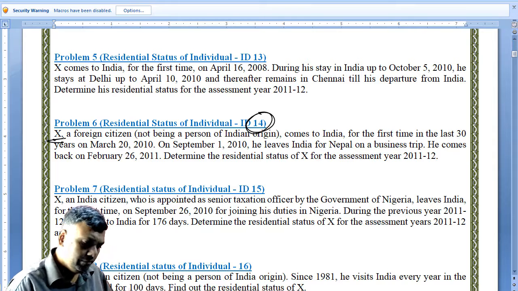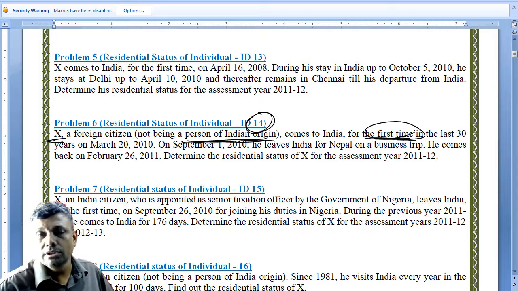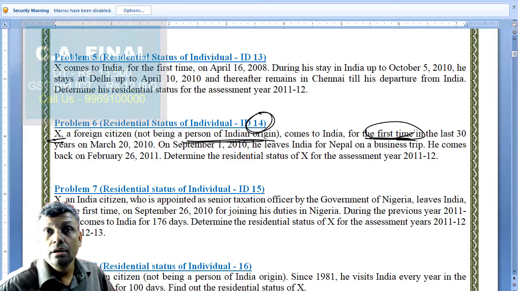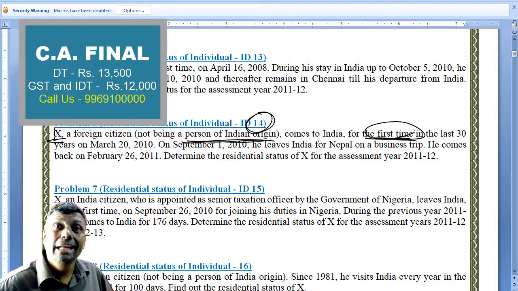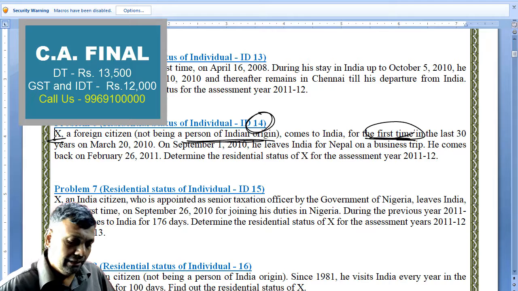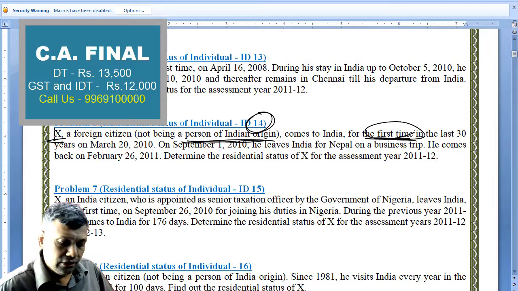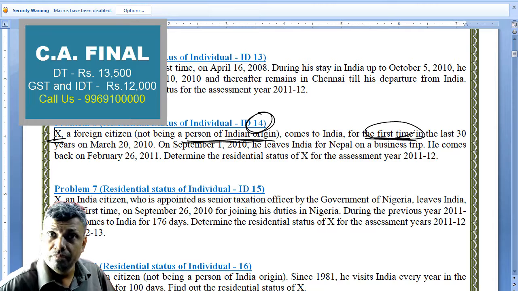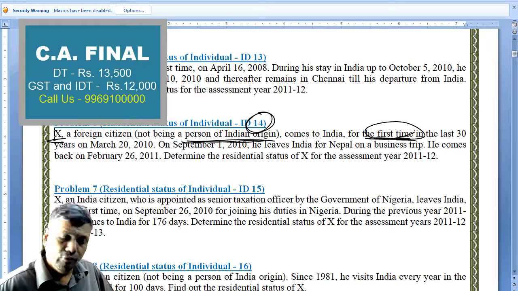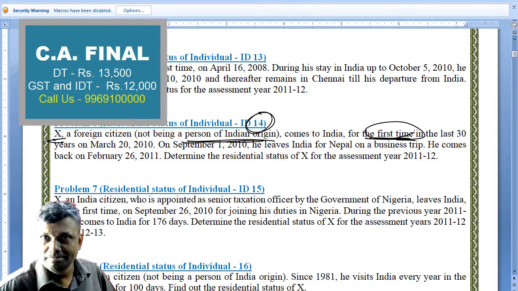X is a foreign citizen, not a person of Indian origin, comes to India for the first time. See, this kind of language, wherever it is printed in the question, comes to India for the first time, leaves India for the first time, something like that, it has a logical implication that because he is coming to India for the first time, that means before coming, he was already outside India.